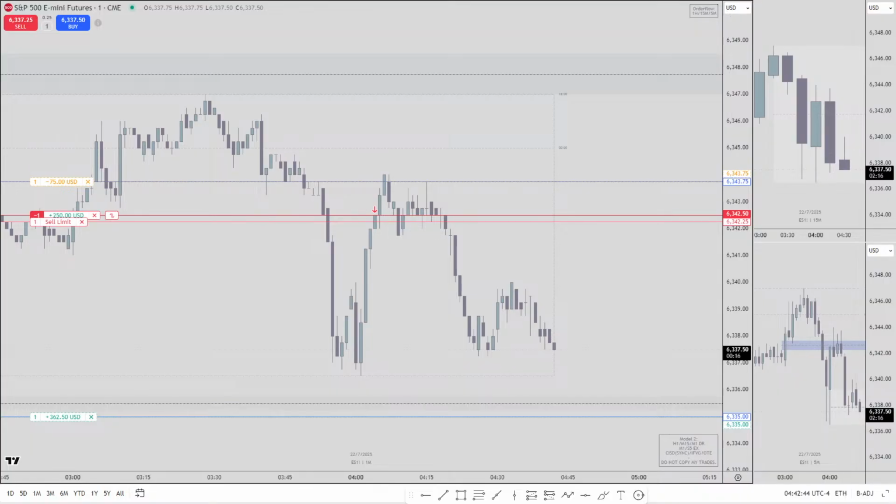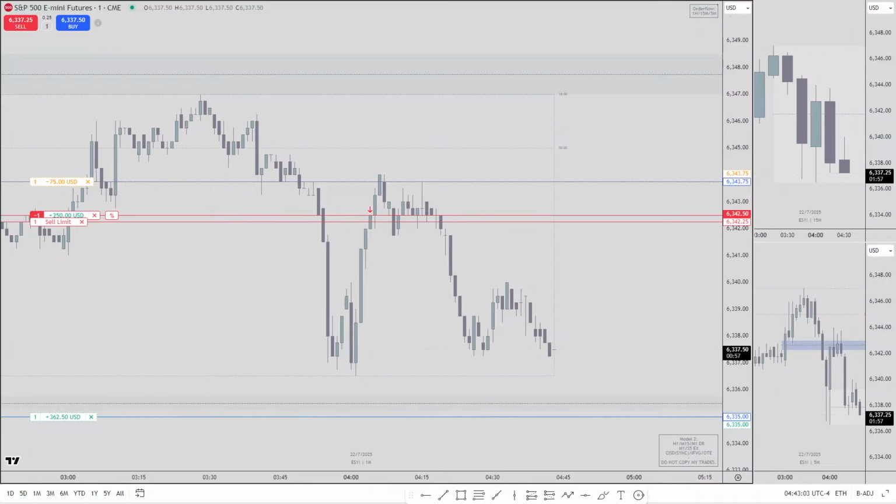I mean, it might be a good thing. Might be a good thing to form inside candles, but I don't wish to wait that long. Because if it forms an inside candle, it also means that the expansion is going to be large range.